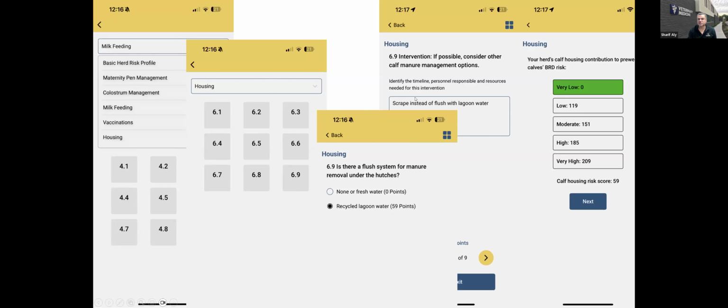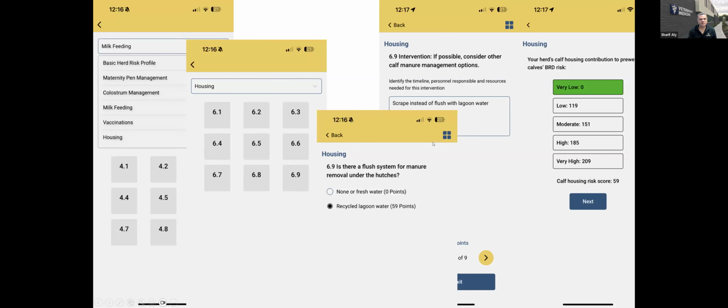So perhaps scraping between calves, rather than flushing, once or even more often. That herd got very low scores, because it was still less than 119, the upper limit of the very low.